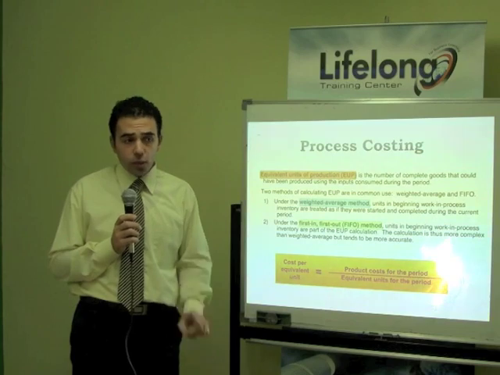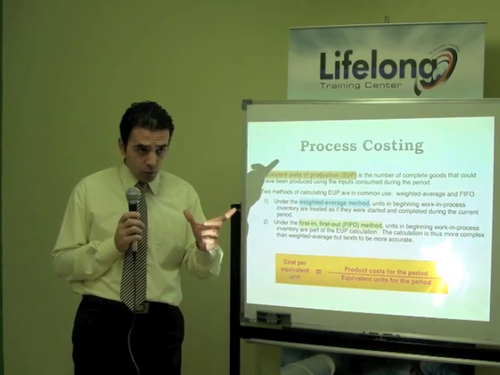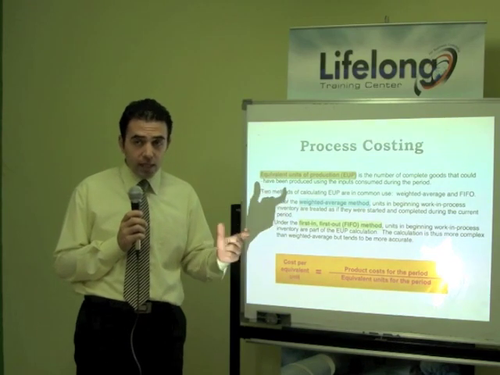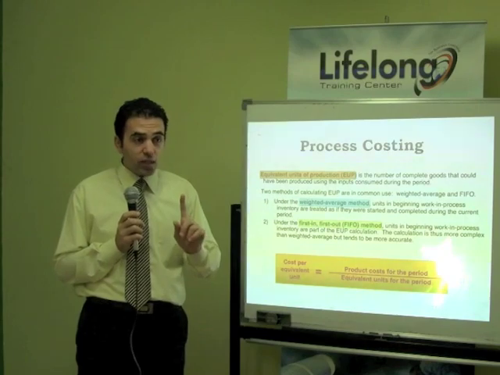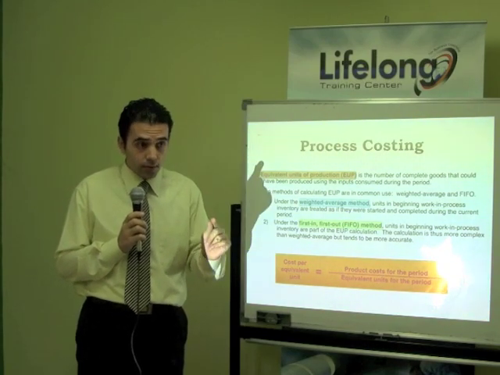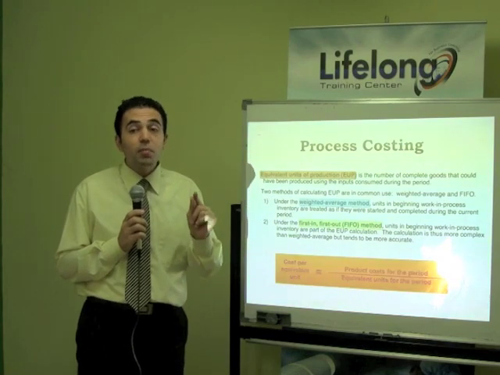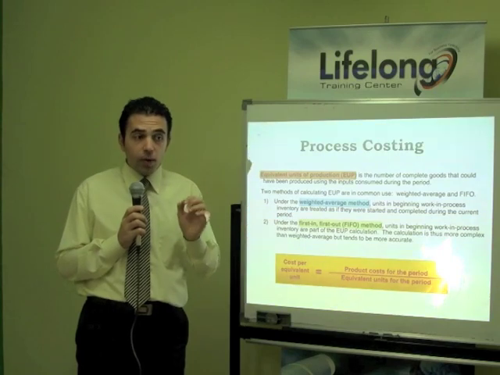What's the meaning of it? We have 1 million, the cost we used during this period to work on this product, and we have worked on these units, and we have them just 50% done. But we worked on 10 million units, but we have them 50% done.